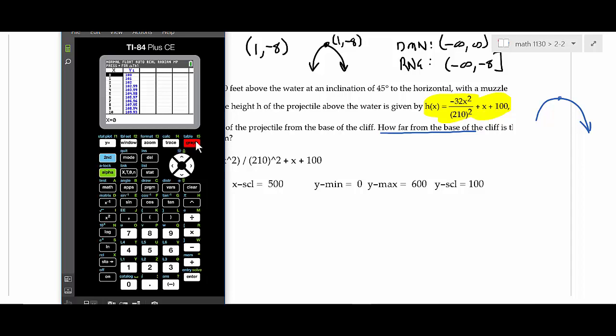If you scroll through this, it will give you a pretty good idea, and you can kind of predict. Maybe we need to go up to 200 or something like that. You don't have to go all the way through, but eventually it's going to start dropping down. So based on what I did there, I'm going to start my window at 0, and I have no idea, but I'll take a guess and try 50.